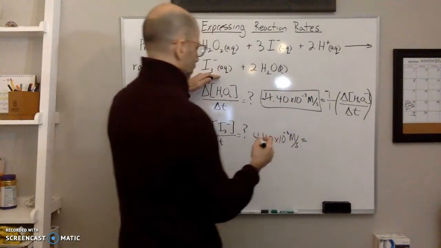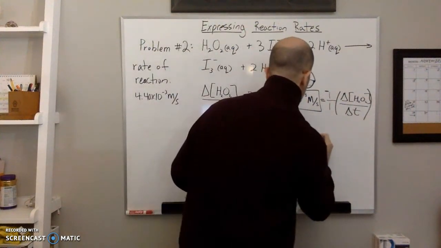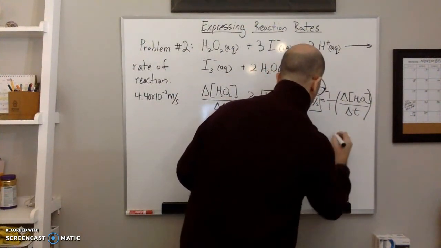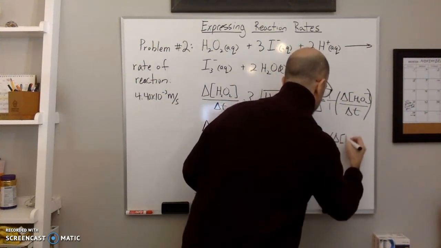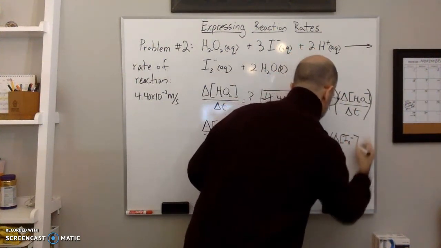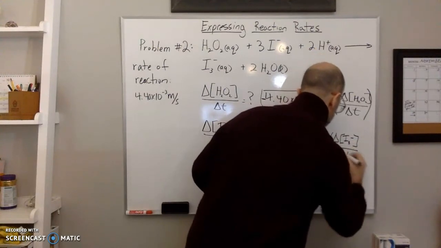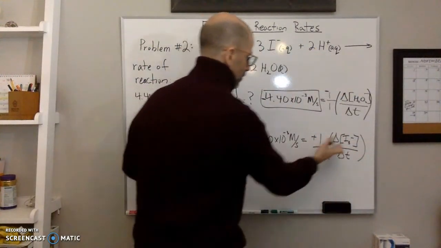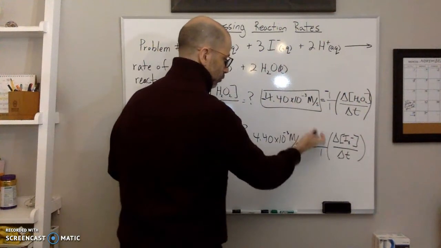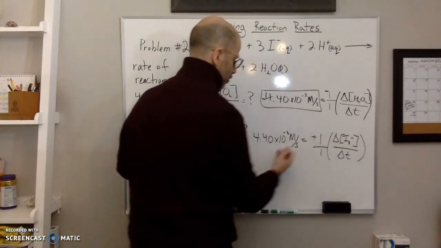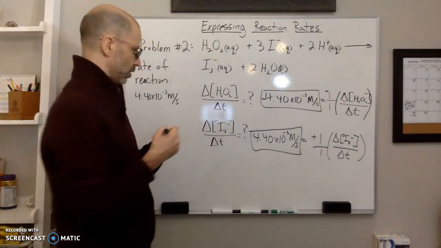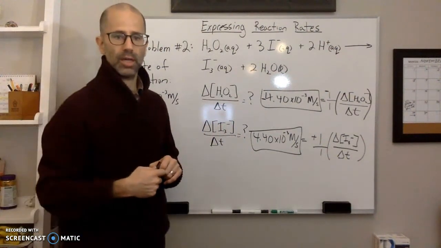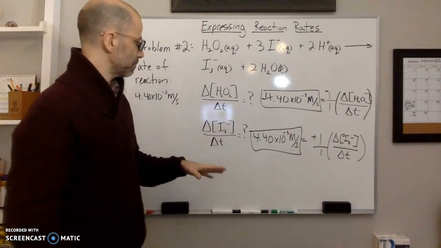So this is a product, so it's positive 1 over 1, and it's going to be the change of concentration of I3 minus over delta T. Again, this is positive, 1 divided by 1 is 1, so we have the positive 4.40 times 10 to the negative 3 molar per second.